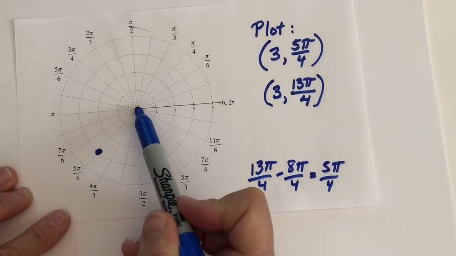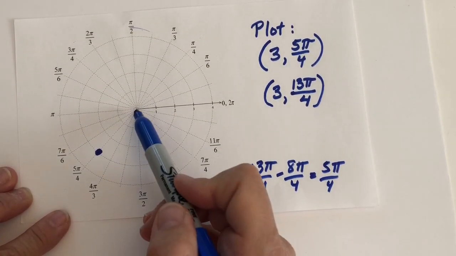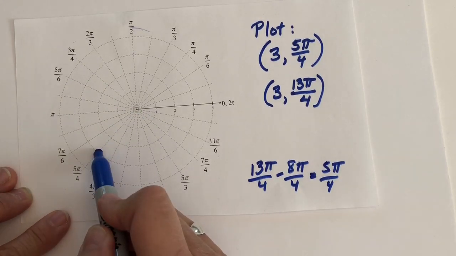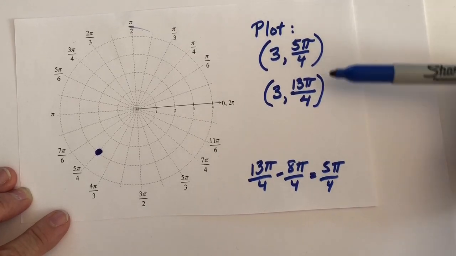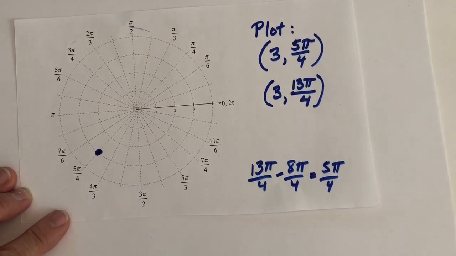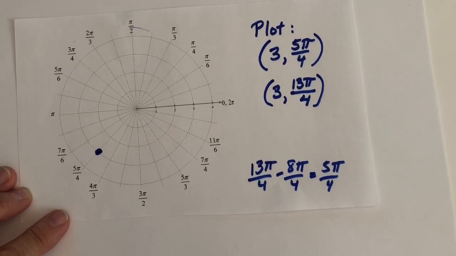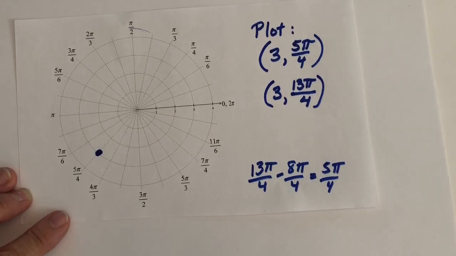So we have this same terminal side. We still go out 3 units. And in fact, these 2 ordered pairs represent the exact same point. Very different than rectangular coordinates, because in rectangular coordinates, every point is uniquely defined.